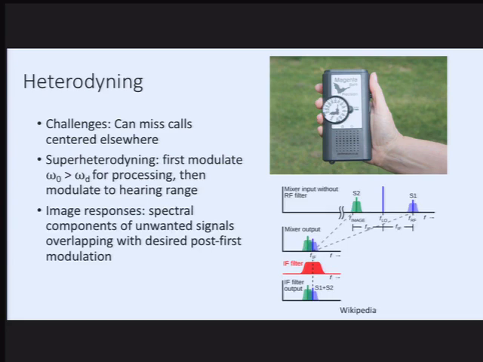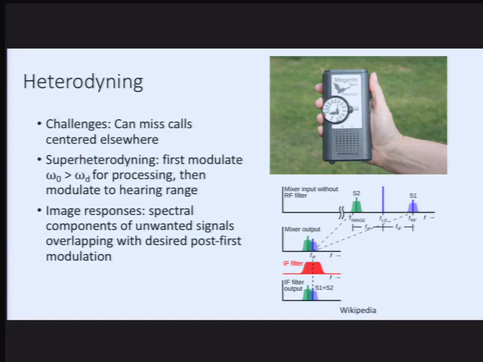Essentially, if you imagine that you have some call, so here it's green, that's the thing that you're interested in, and you want to bring it down to a frequency where you can hear it. So that's the center one in the bottom part. That's where the red filter is centered.